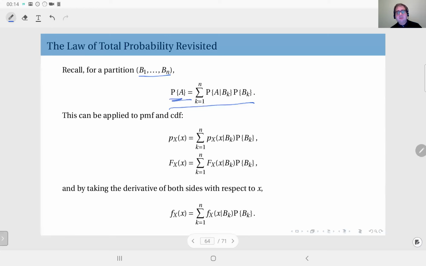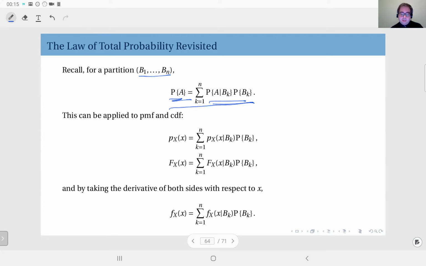To compute the probability of an event A, we just condition it on each of these events and use the definition of conditional probability to write this. And this we can apply to PMFs and CDFs. Why? Because PMF and CDF are defined in terms of probabilities.